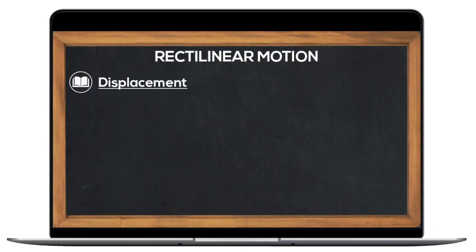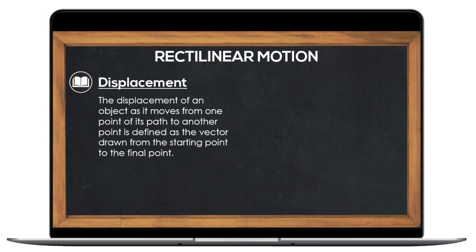Okay, so let's define displacement. The displacement of an object as it moves from one point of its path to another is defined as the vector drawn from the starting point to the final point. That is always the difference between the final point and the initial point, as discussed a while ago.